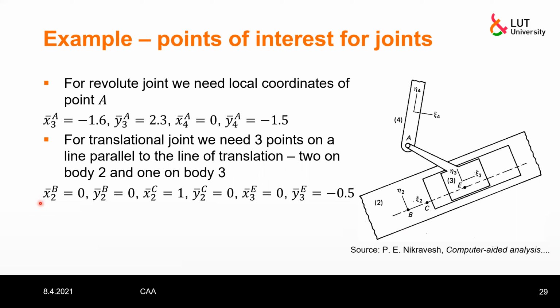So we write the coordinates of point B in the second coordinate frame, 0, 0, defined here because why not? Second point C, similar, 1, perfect number, and some other point also on this axis, and it's defined with respect to the second body, so with body 3.